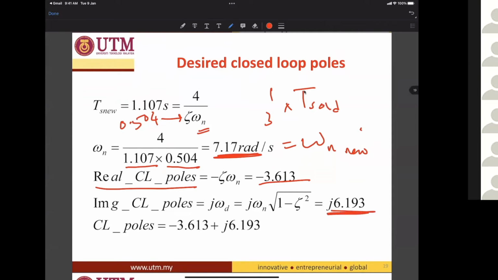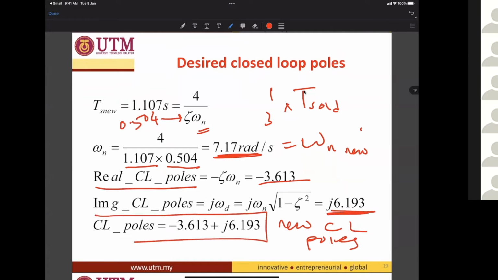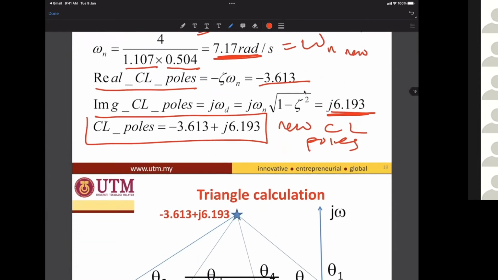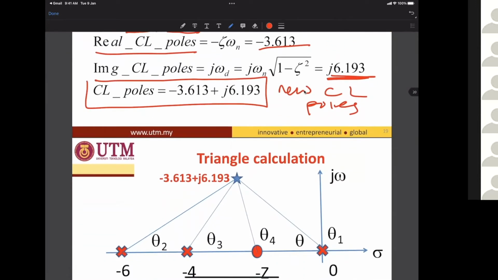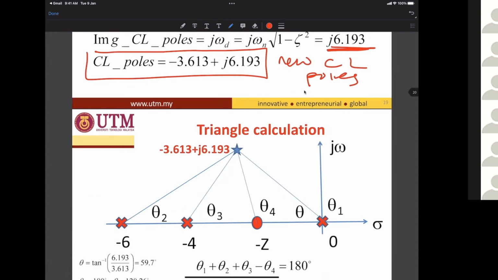So now the new closed loop pole, after taking into account 3/4 settling time reduction, is this one, minus 3.613 plus J 6.193. So this one is the new dominant pole, so we have to calculate the gain over here and the zeros that we want to introduce to the system so that 3/4 reduction of settling time is achieved.